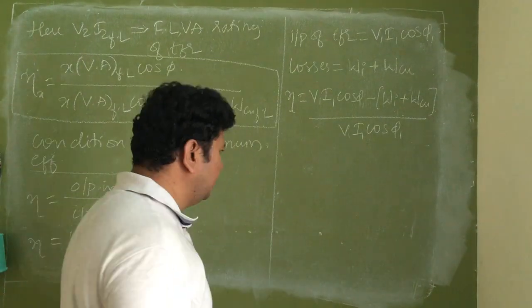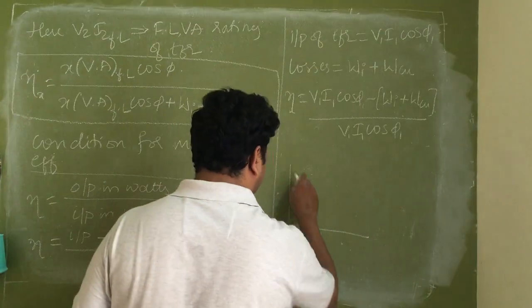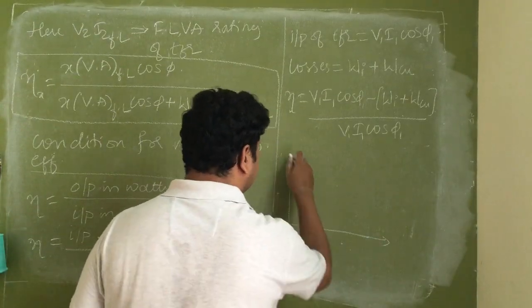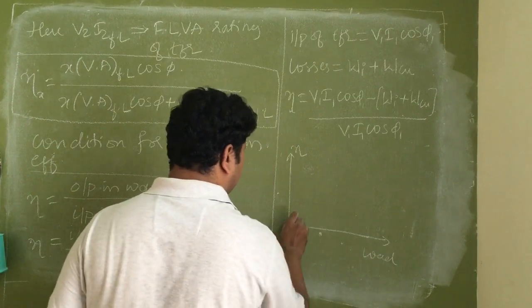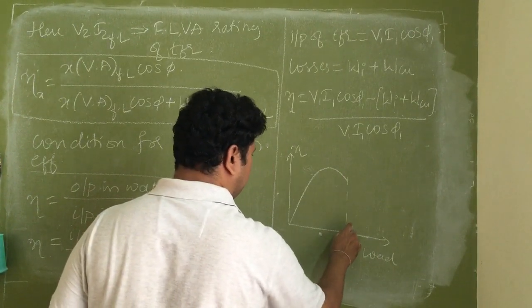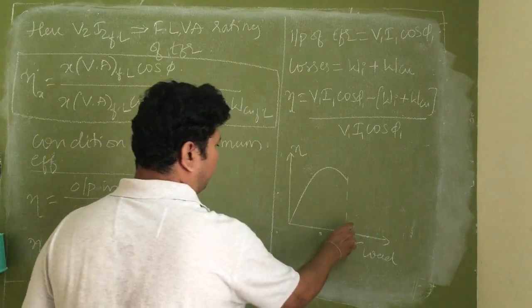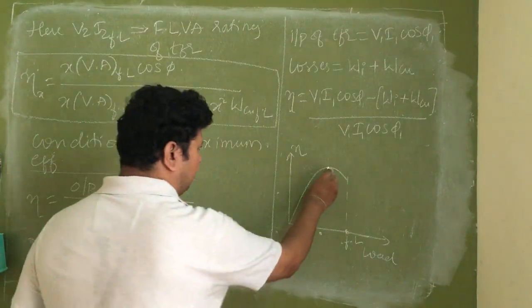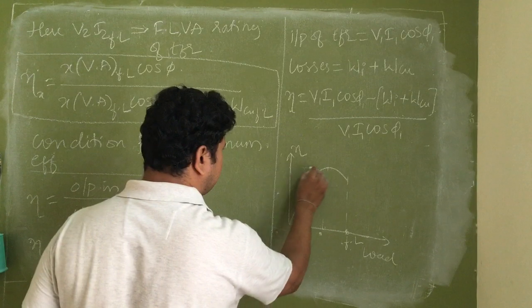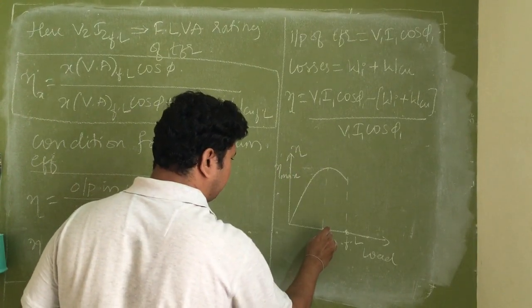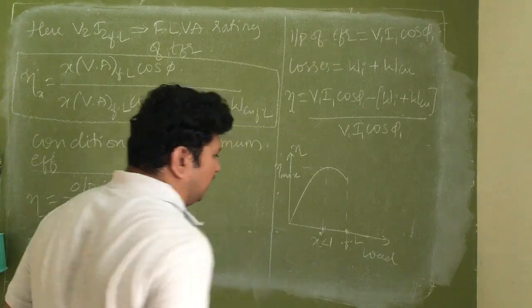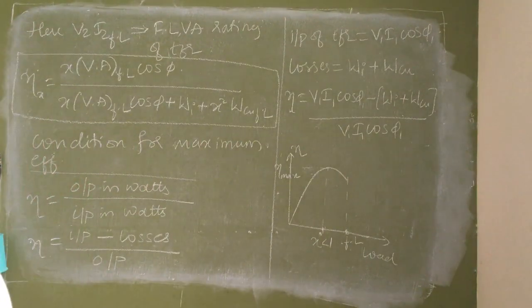If you draw the efficiency of any machine, not only a transformer, with efficiency on one axis and load on the other, the curve will be like this, and this is the full load point. The maximum efficiency occurs at a load less than the full load point.